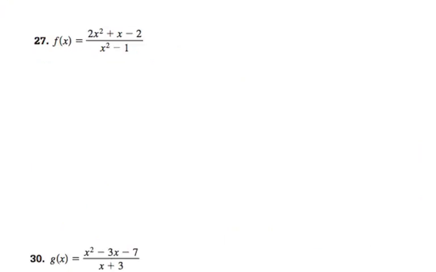Alright, moving on, we're going to do the same thing in 27 and 30. We're going to sketch them via the vertical asymptotes, intercepts, and horizontal asymptotes. Before I get too far into this, I am going to factor the denominator and numerator if I can. The denominator can factor into x minus 1 and x plus 1.